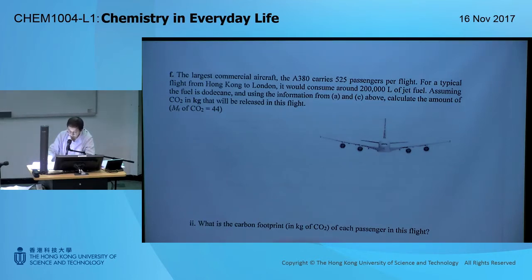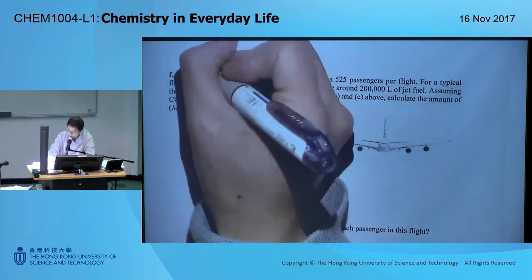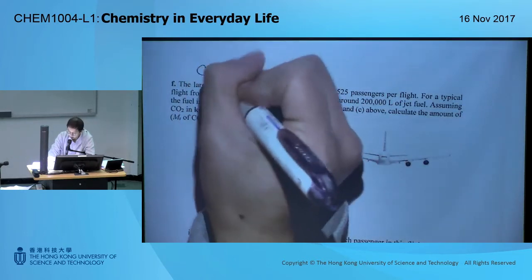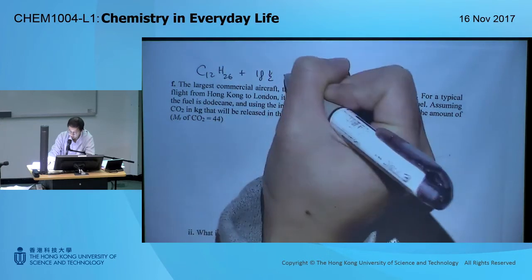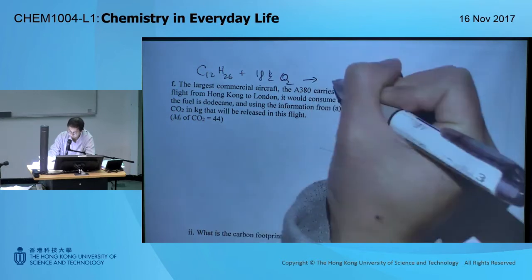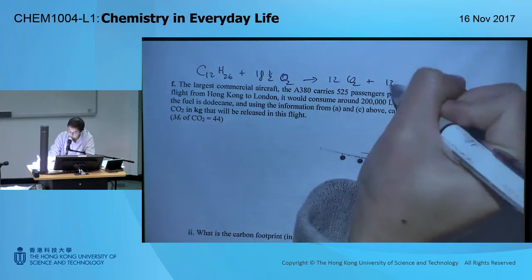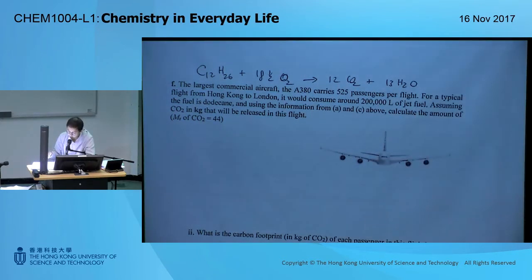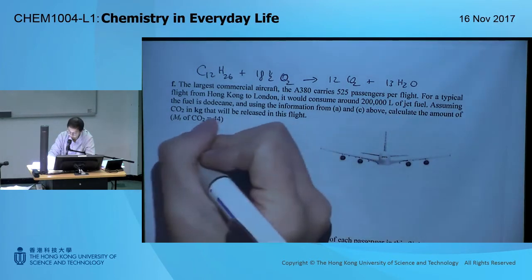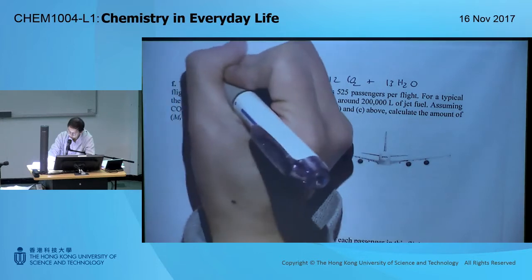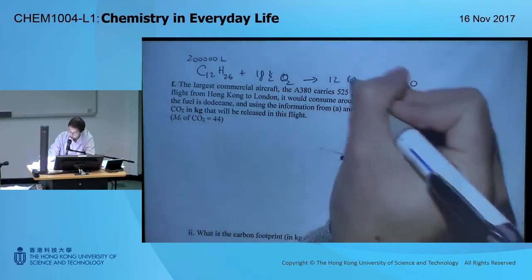So basically, we have the equation already from previous. We know that C12H26 is reacted with 18.5 moles of O2 to form 12 CO2 plus 13 H2O. Now we are interested to know that when we have 200,000 liters of jet fuel, how much CO2 is produced?